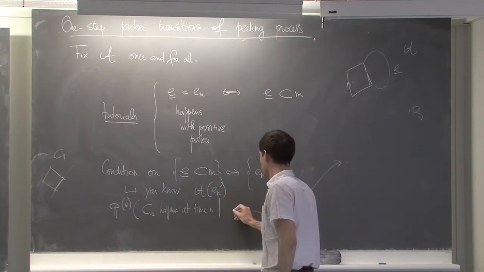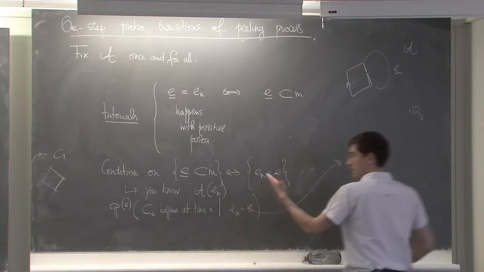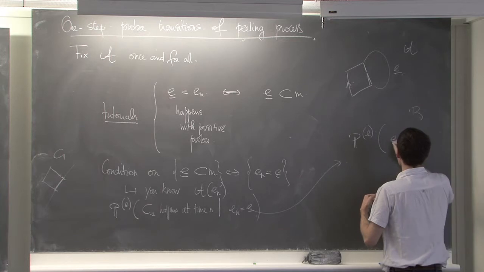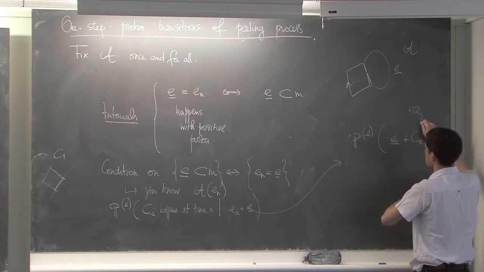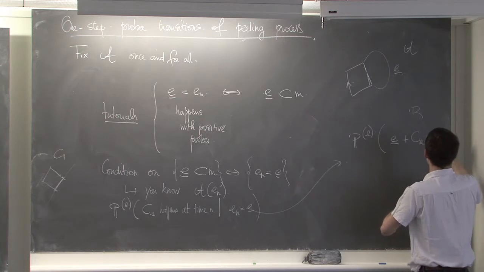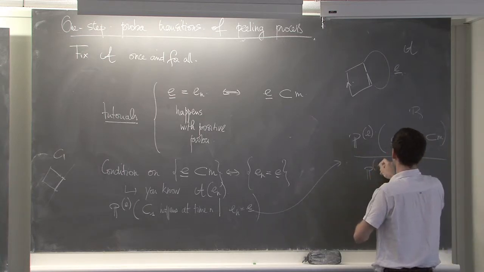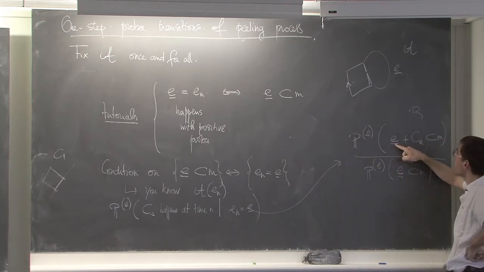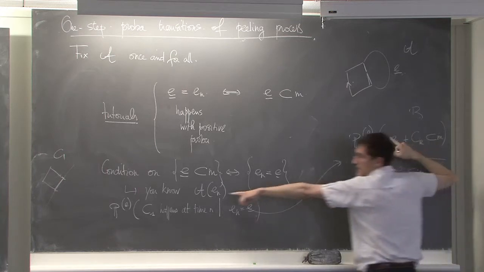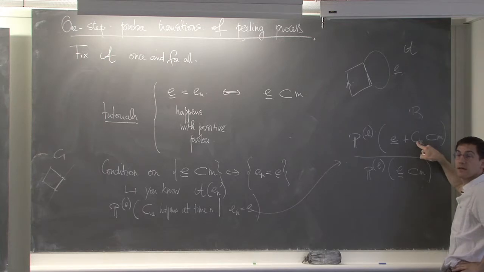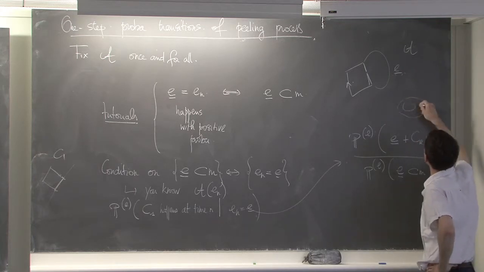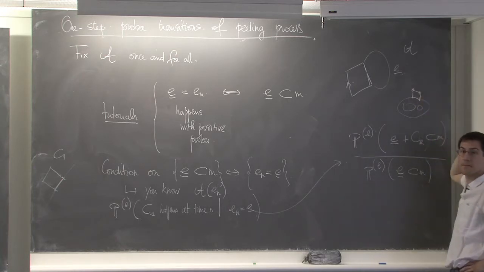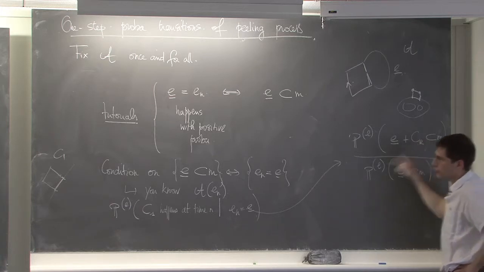Let's say condition on En is equal to E. Probability to have this is just the probability that E plus even Ck is inside M divided by the probability that E only is in M. What I mean by that is that the peeling of the edge A of En leads to the event Ck. That means just that you've got your map and you have peeled this edge and that leads to this guy. Just the ratio of the two probabilities.